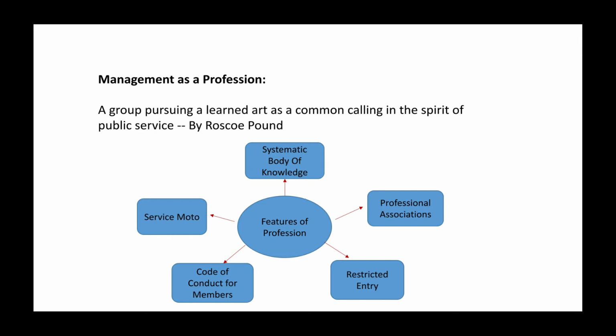If you go and see the dictionary, according to Webster, a profession is a vocation. It requires advanced training and usually involves mental as well as manual work, for example engineering, medicine, law.